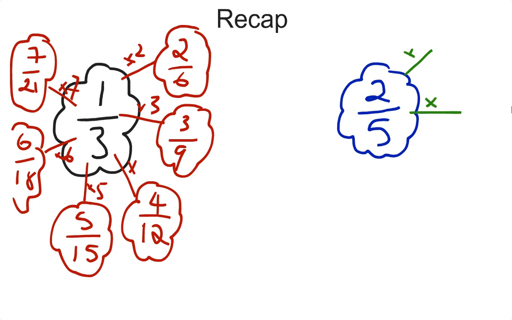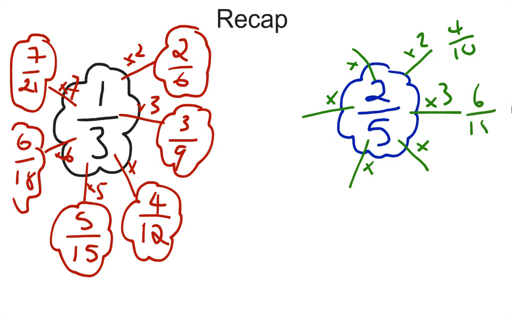I'm starting off by just writing my times bits in for you. You can do the same or come up with your own ones. Pause the video now and then unpause it to see how you got on. Right, so multiplied by 2 you get 4/10, multiplied by 3 and you get 6/15.